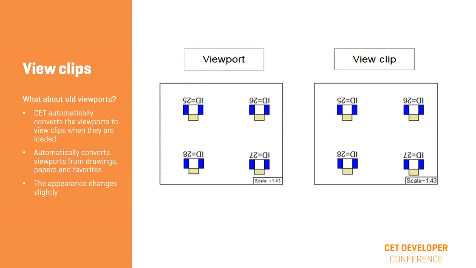As you can see in this image comparison, some slight changes have been made. For instance, the scale text is a bit bigger now, and the frame is also a little bit different. So if you have any PDF diff tests, you will most likely have to redo those references.